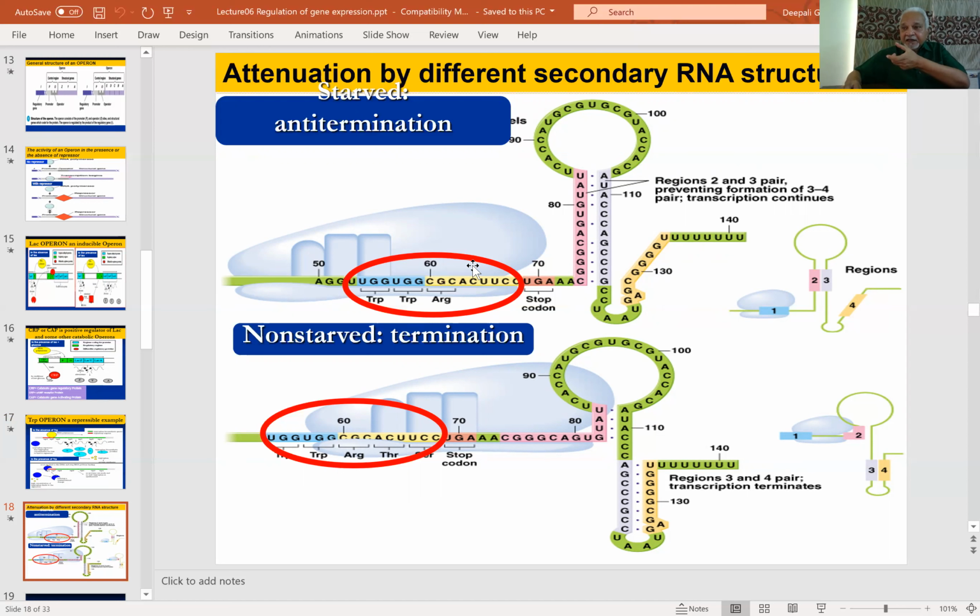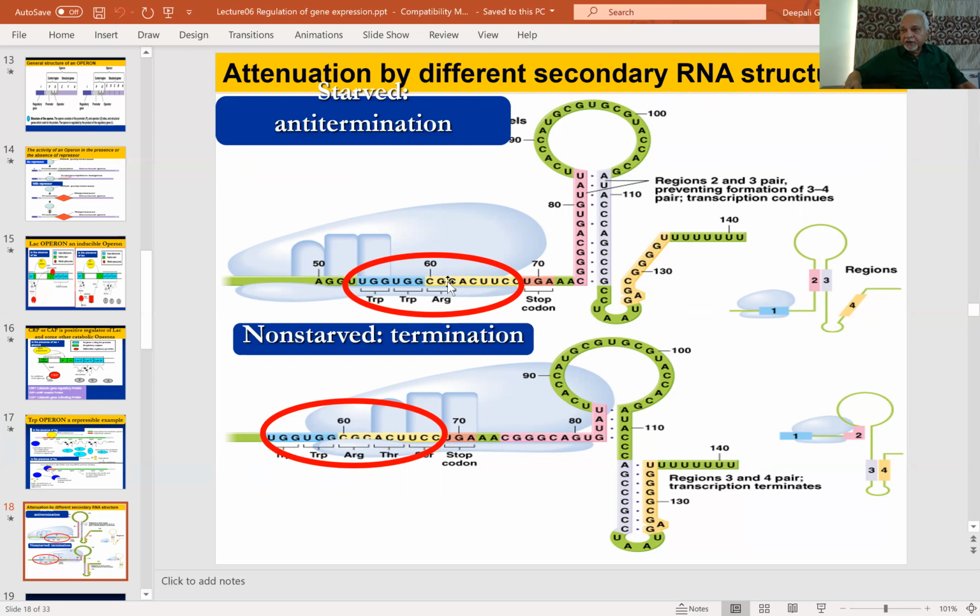And the leader region codes for a protein which we call the leader protein, which is 28 amino acids, and these sequences are present in all sorts of reading frames, and it has a stop codon also. So this is very, very important, and this fine control which I was referring to is exerted by this region, actually.